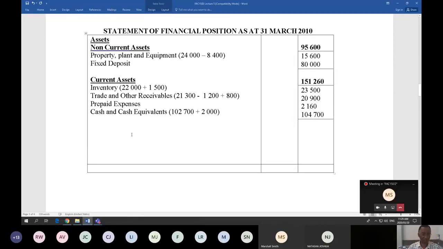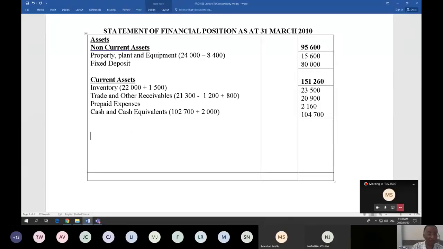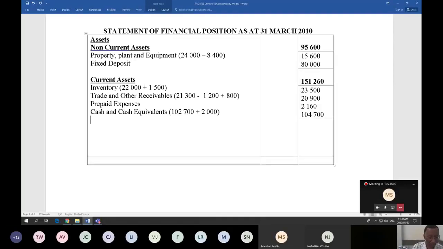151,260. The top part of your statement of financial position, which is your asset section, we add up now, we calculate what is our total assets, and your total assets is now your non-current of 95,600 plus your current of 151,260, and that will give you total assets of 246,860.